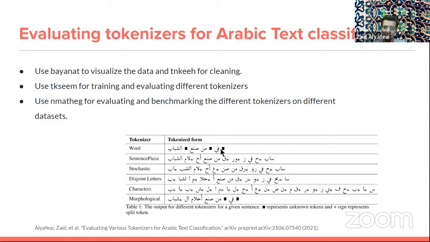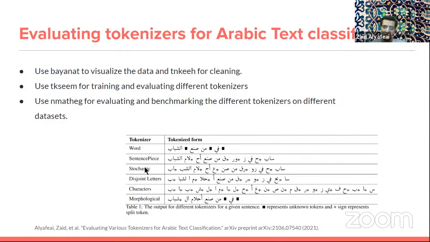The word tokenizer creates like 3 unknowns. The sentence-piece tokenizer, which is directly ported from the sentence-piece directory, does not create any unknowns, but it creates a lot of segments or tokens indicated by the plus sign.